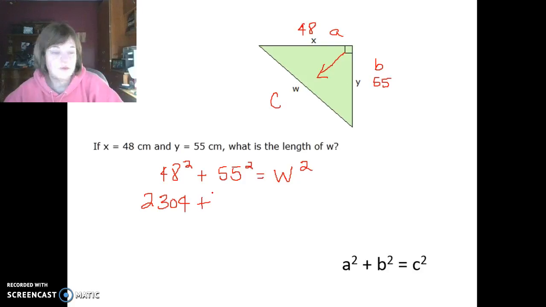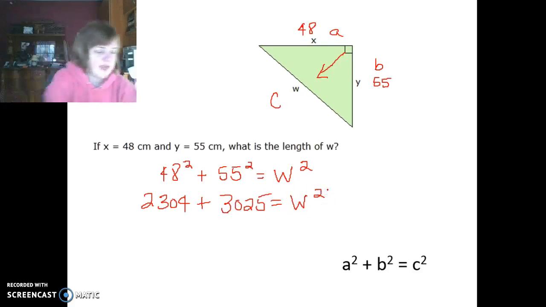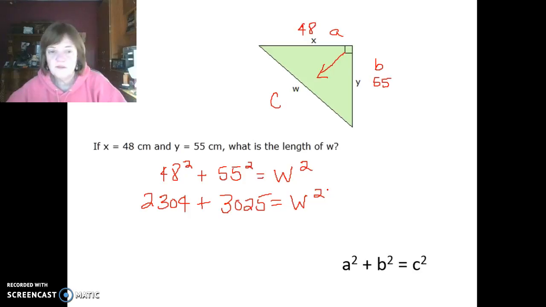That's another big number, 3025. All of that equals W squared. Now I've got to add those two numbers together, 3025 and 2304. That gives me 5329. That still equals W squared.